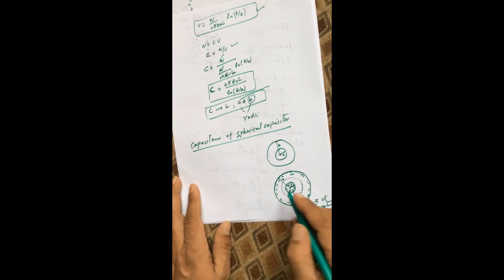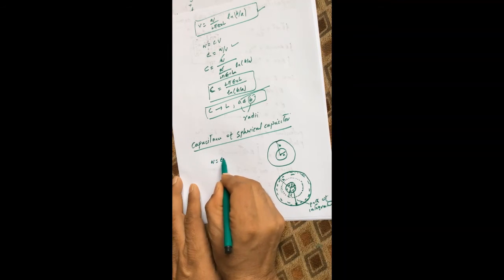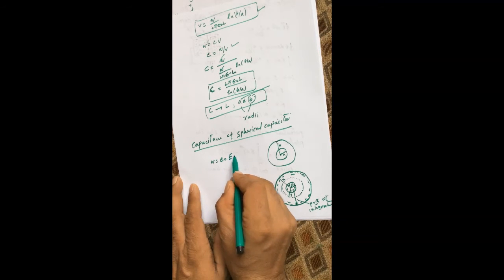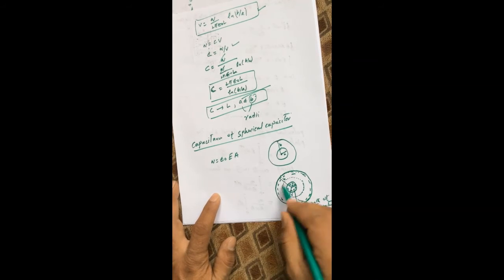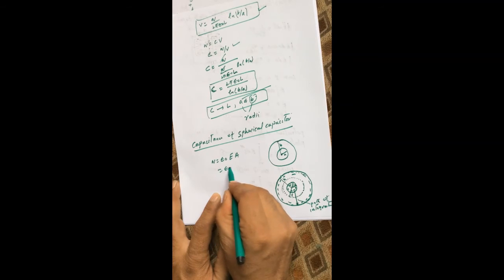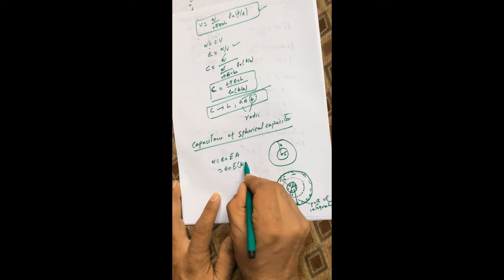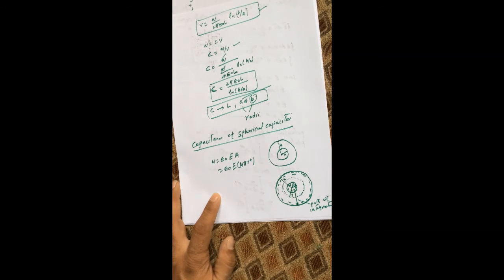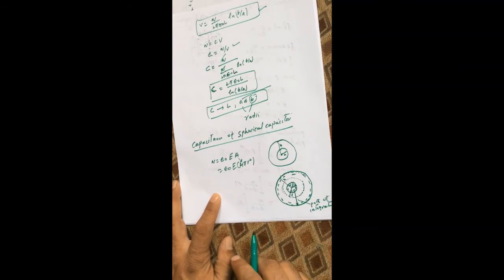Now to calculate the electric field somewhere on this Gaussian surface, we use this relation, which is Q is equal to epsilon naught E into A. Now this Gaussian surface is a spherical surface, and we know that the area of a spherical surface is 4 pi r square. So here I put the area of this spherical Gaussian surface.